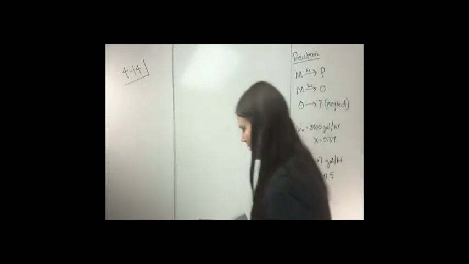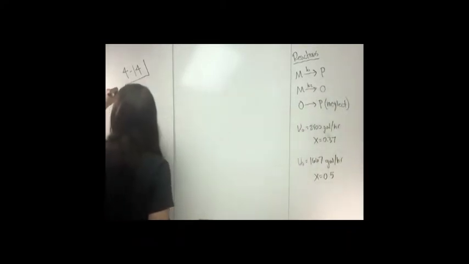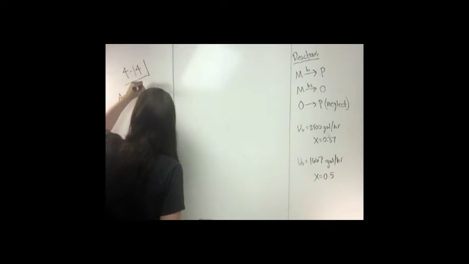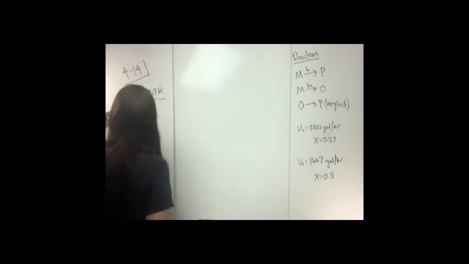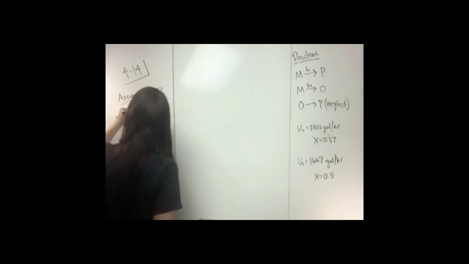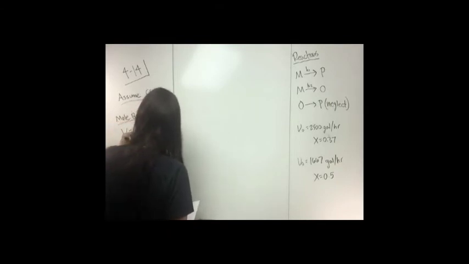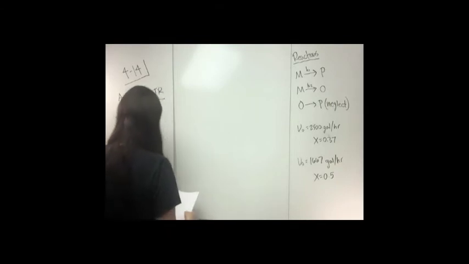Then, first I'm going to say that we're assuming it's a CSTR. So we want to do a mole balance, and the mole balance for a CSTR is V equals FA naught X over minus rA.